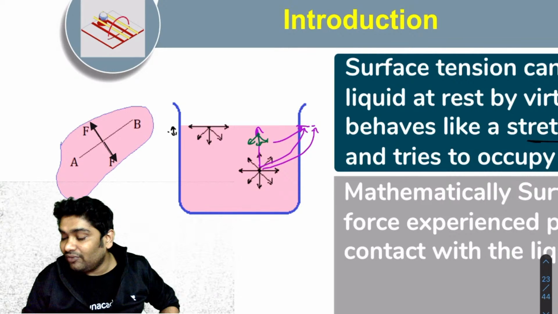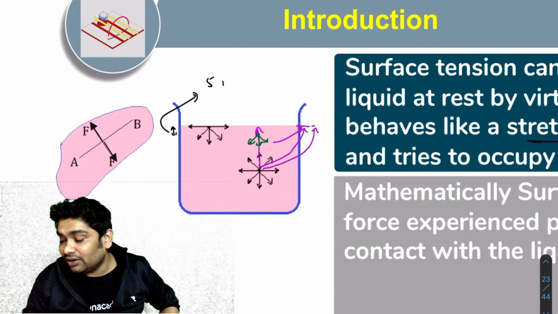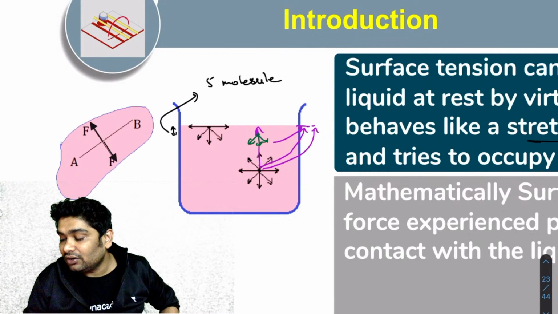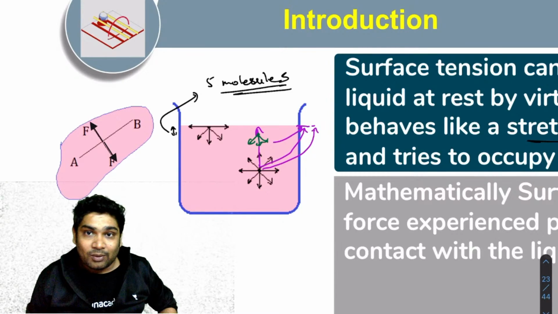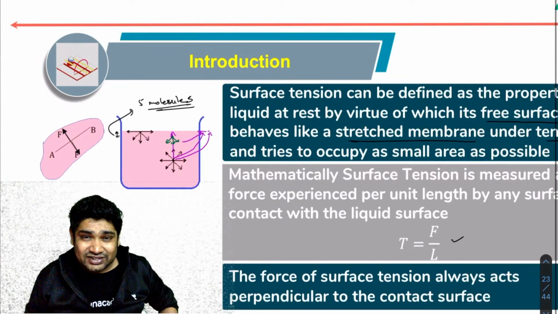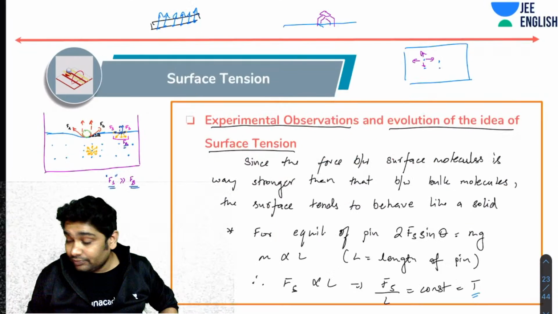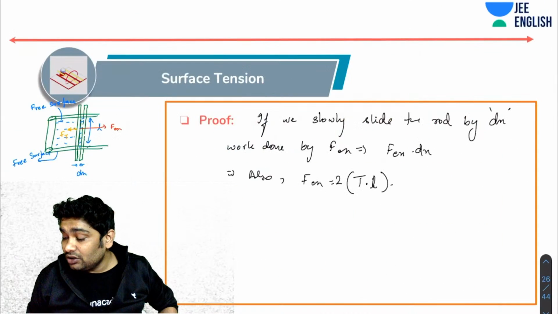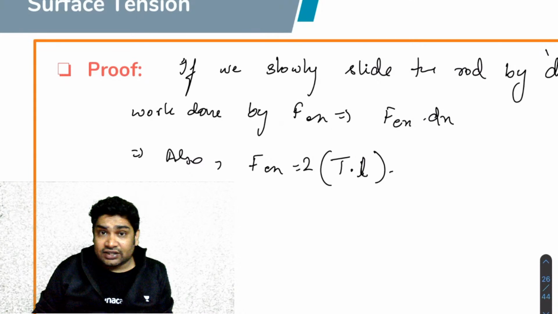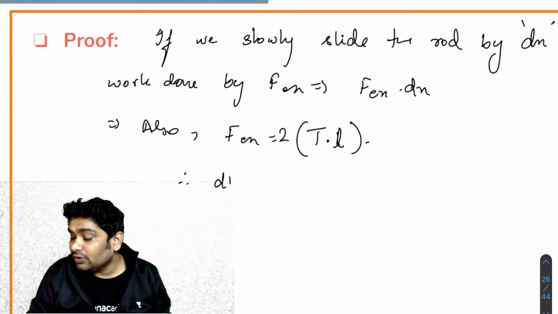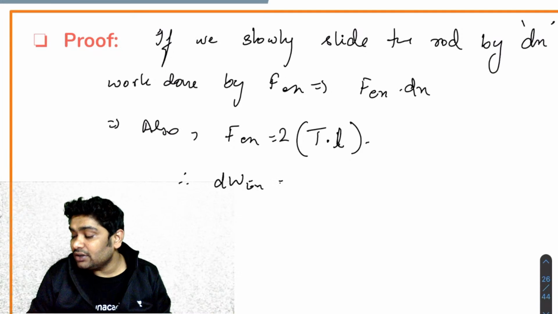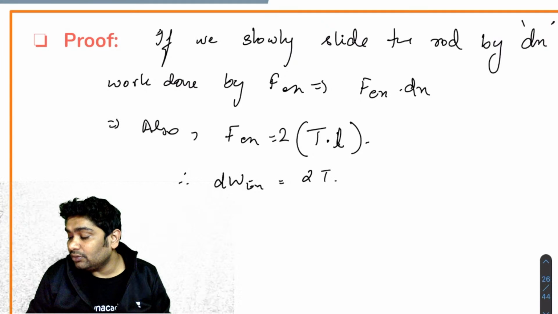That is called the surface thickness, and below that we talk about bulk. So the surface thickness is practically negligible. So the work done, therefore, dW external is equal to 2L into T into dx.